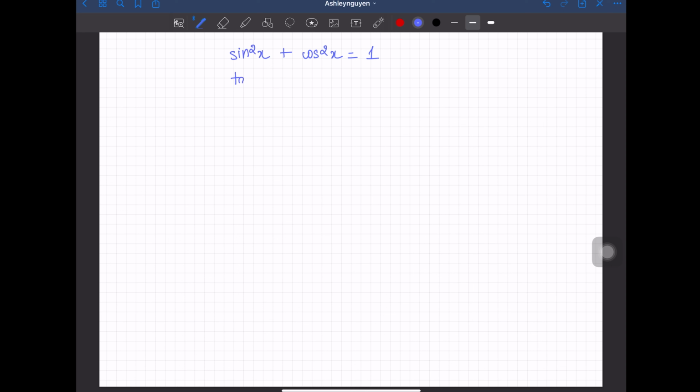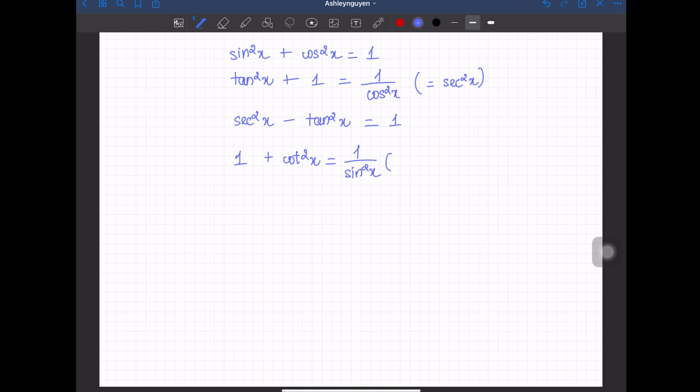Secondly, tangent square x plus 1 equal to 1 over cosine square x, or equal to secant square x, or secant square x minus tangent square x equal 1. 1 plus cotangent square x equal to 1 over sine square x, or equal to cosecant square x, or cosecant square x minus cotangent square x equal 1.